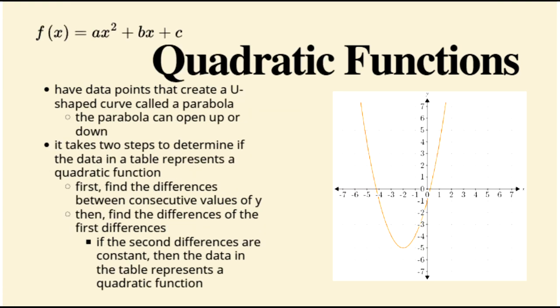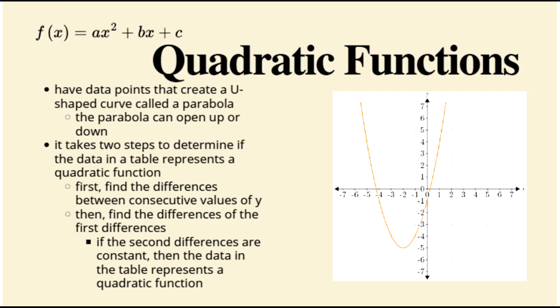Okay. A quadratic function can have points that create a U-shaped curve called a parabola, and the parabola can open up or down. Okay. Quadratic functions take two steps to determine if the data in a table represents a quadratic function. First, you find the difference between consecutive values of y, which is the first difference we were just talking about, and then you find the differences of the first differences.